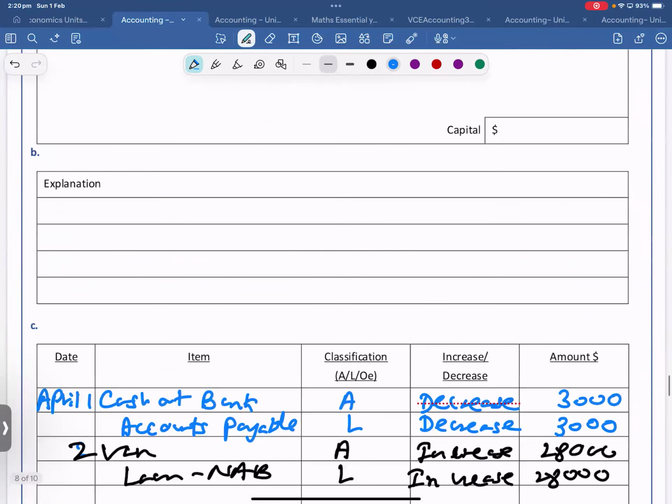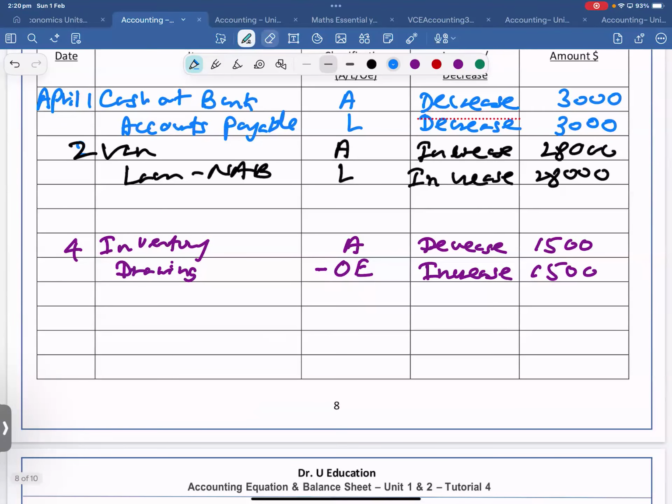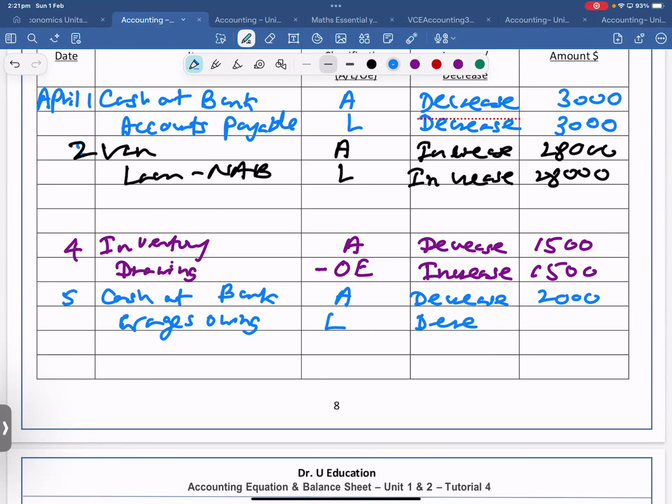And also, how you are going to record number 5: you'll write it as cash at bank, an asset decrease of 2,000. Then the other one is wages owing, a liability decrease of 2,000.